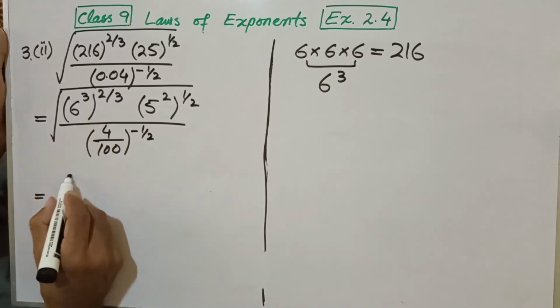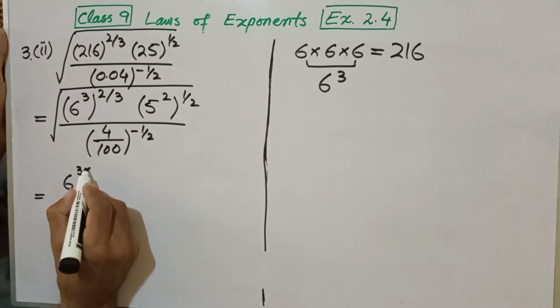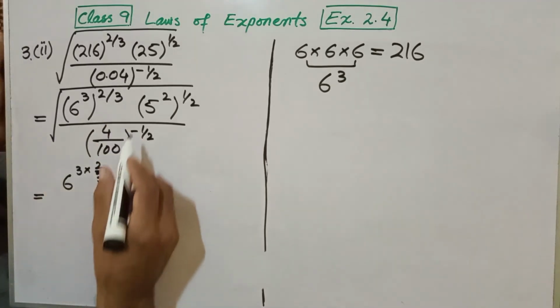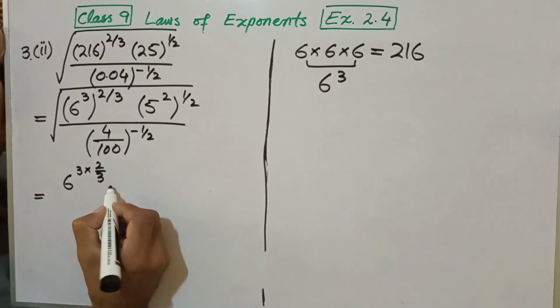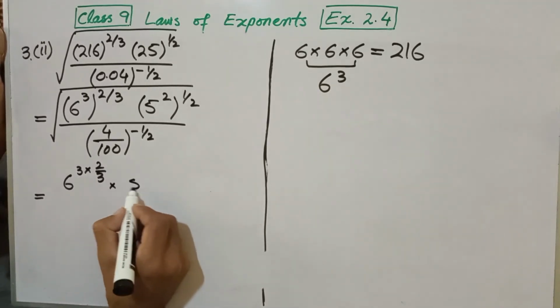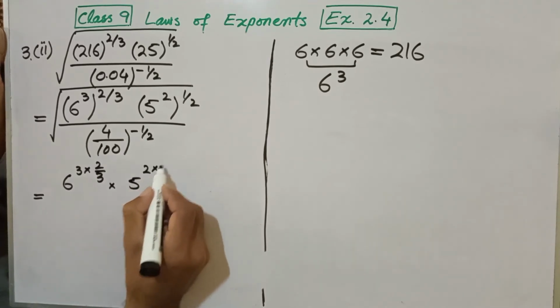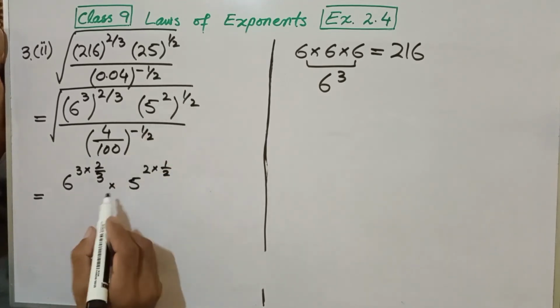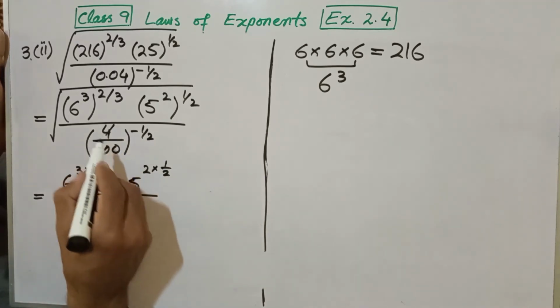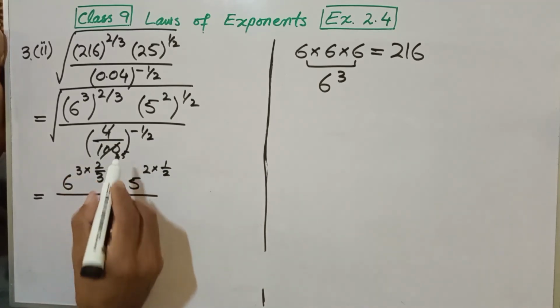From here we can write 6 3 into 2 by 3. Power is multiplied with the power. Then 5 2 into 1 over 2, again power is multiplied with the power, divided by 4 ones are 4, 4 25s are 100.